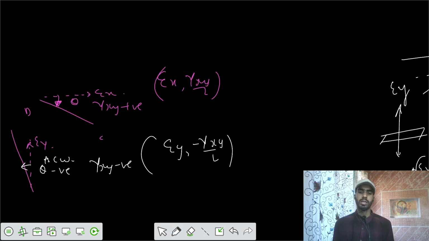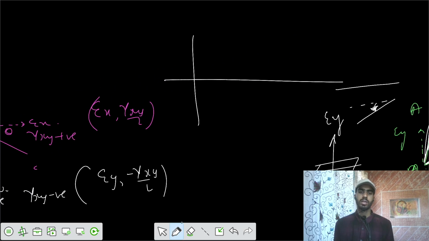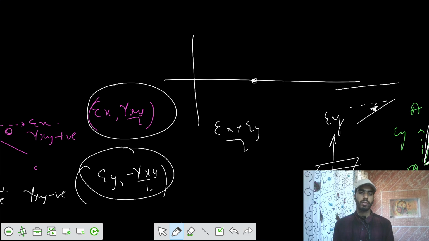So if you want to plot them, let's say this is Mohr's circle, and the center would be somewhere at EX plus EY by 2. Let's say this is some center, and after that you have to plot these 2 points. You can get the value of radius also. Let's say this is some radius, and you make a circle.